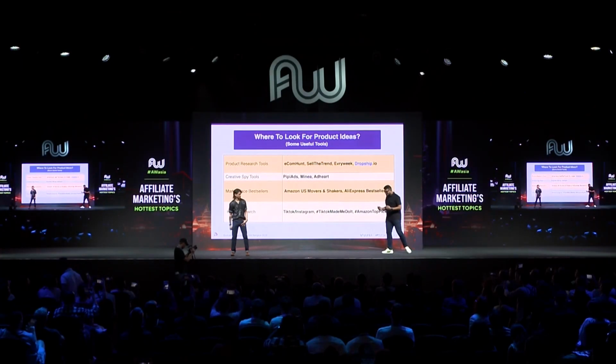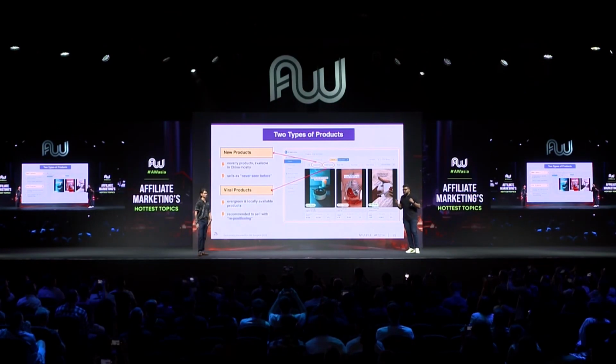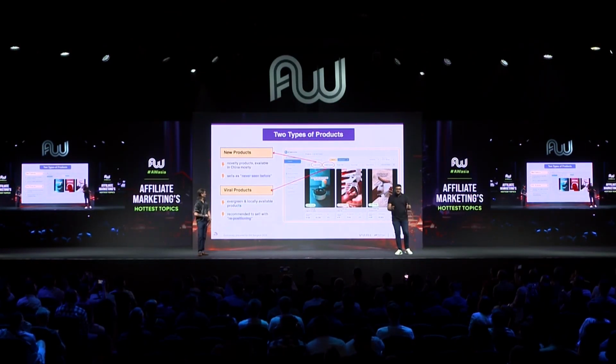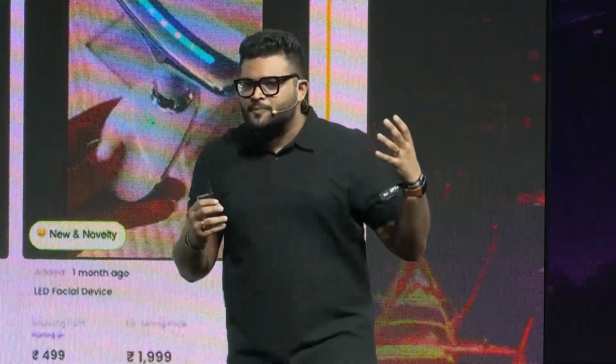And the big question is, where do you look for product ideas, right? One thing that you guys need to remember is that whenever you're looking at product ideas, the way we do it is we break it down into 2 categories in our head. First, we call them new products.